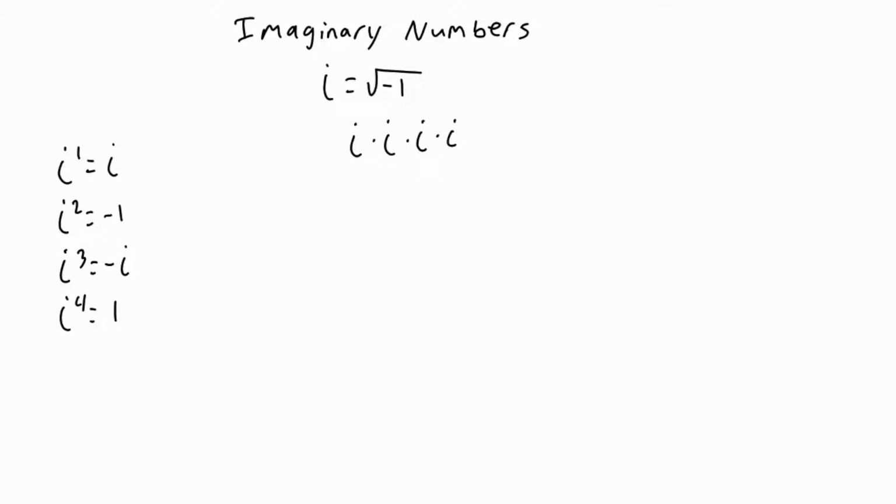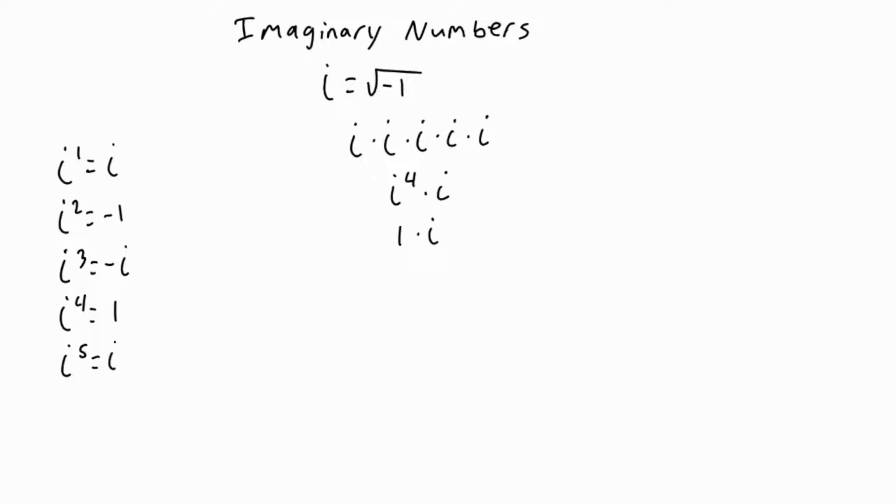Well, now what if I said i to the fifth? It would be times another i, and the first four i's give us i to the fourth, and then times i. Well, i to the fourth is 1, and anything times 1 is itself, so i again.